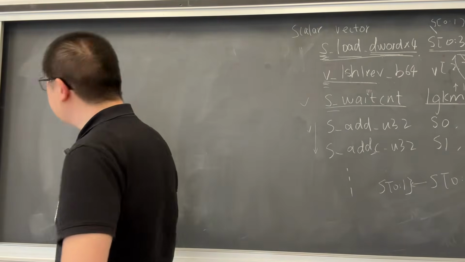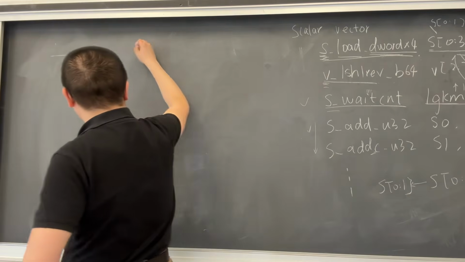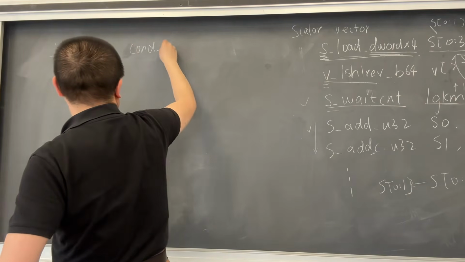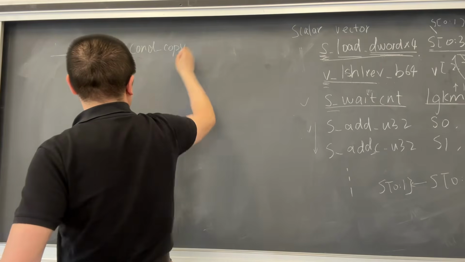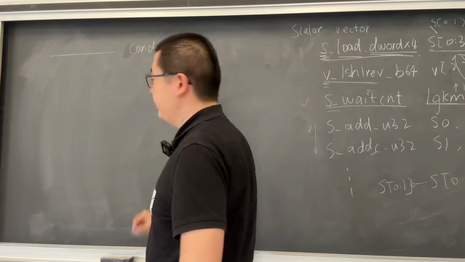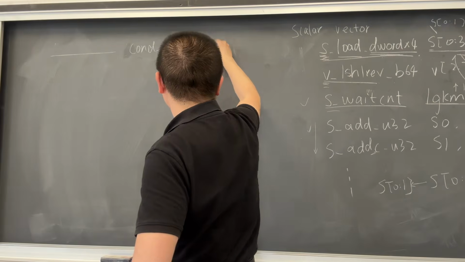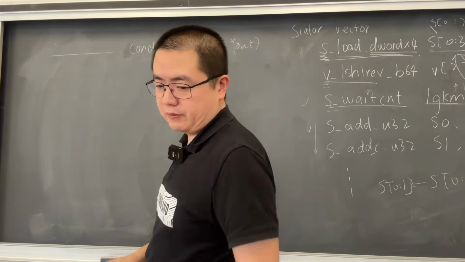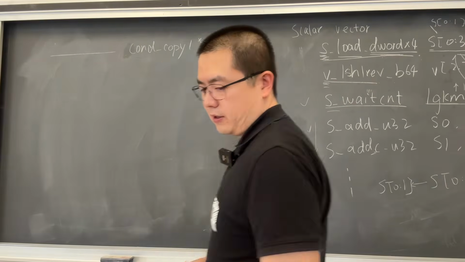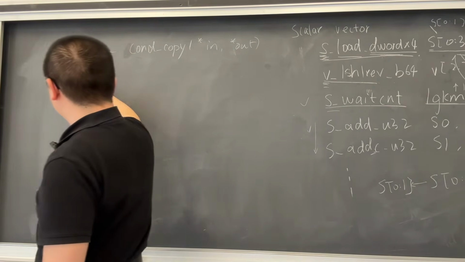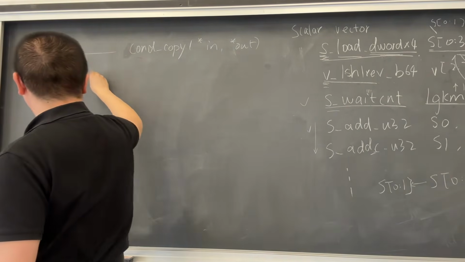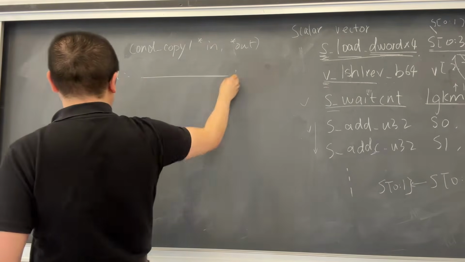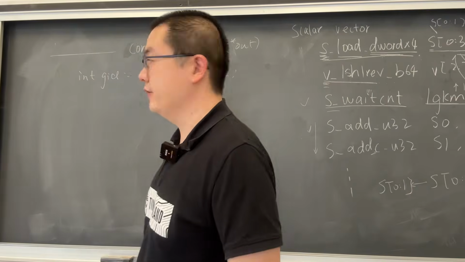Let's consider this kernel called condition copy. We still have in and out, and in my example I'm using double here, although it's probably not that important. Then still I have an int GID, global ID, that is calculated by that expression.